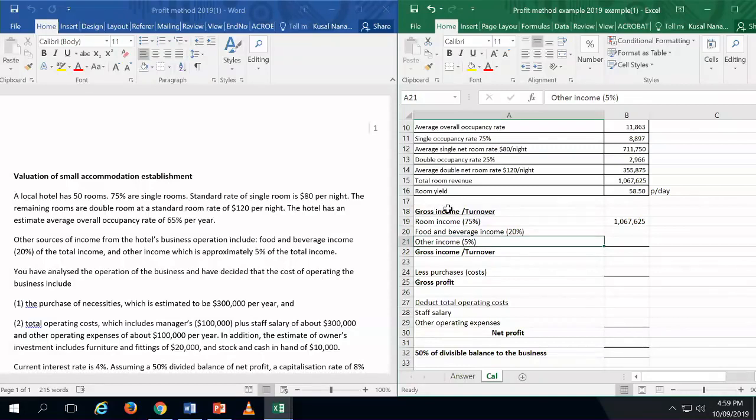Clear? All right. So 75% is 1,067,000, and what's the 20%? Divided by 75, multiplied by 20. 284,661. Other income, this is 20%. How much is the 5%? 71,175. Clear?